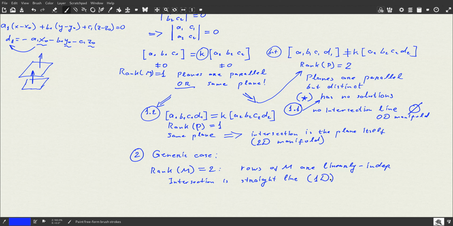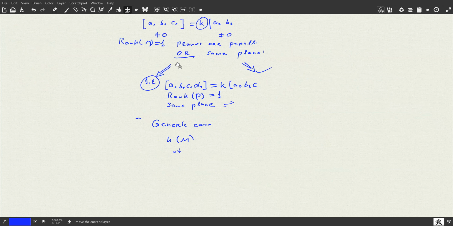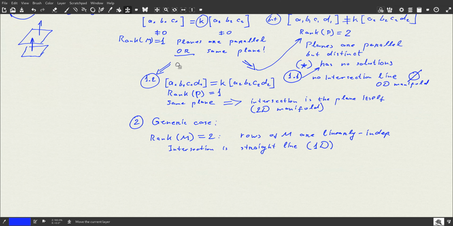And indeed it is so. We will do it with the help of a vector product, cross product. You see that if we have two planes, it is pretty much obvious. So suppose that there are two planes intersecting each other.